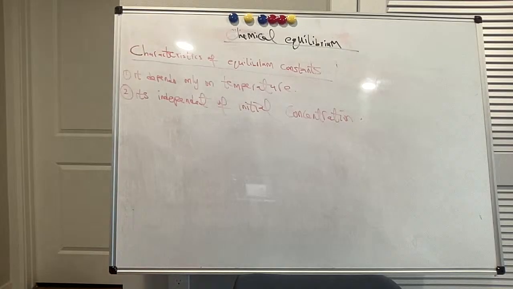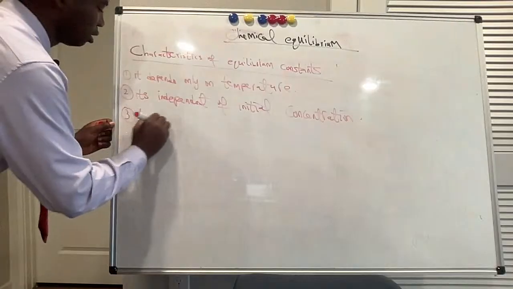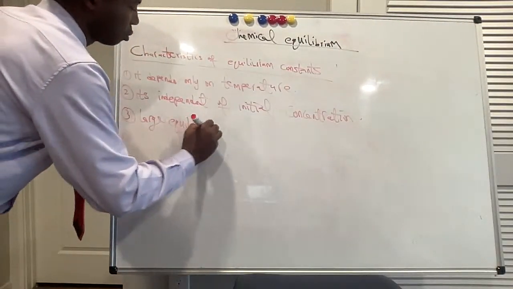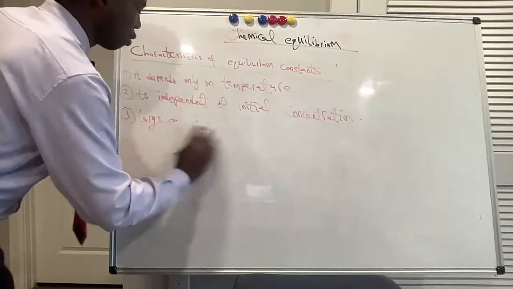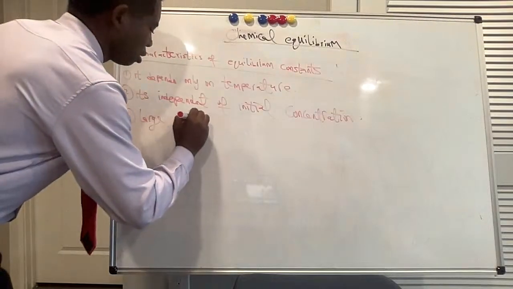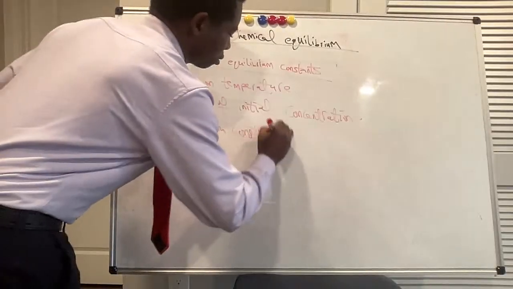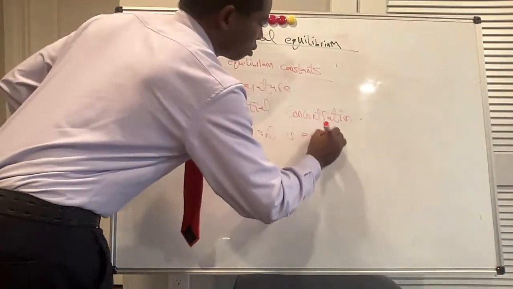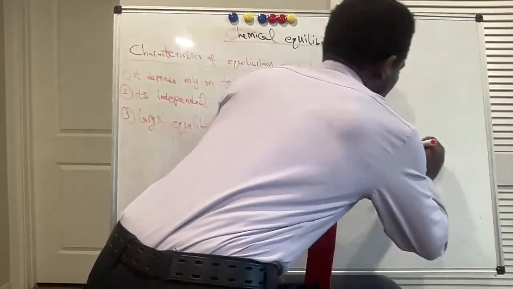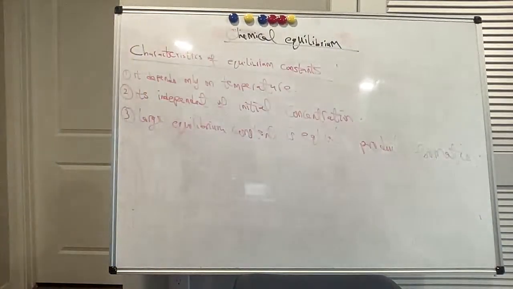Number three, a large equilibrium constant equals product favored.